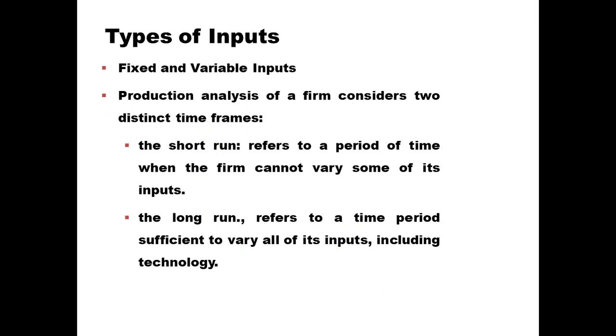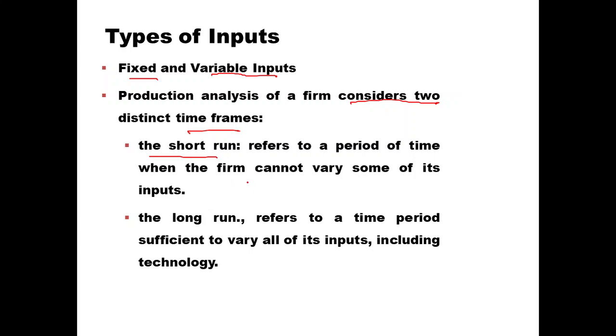Now, moving on to the next, that is types of inputs. Usually the inputs can be of 2 types: fixed inputs and variable inputs. The production analysis, in fact, depends on these two considerations only, depending on the time frame. The short period refers to a time period in which you cannot change some of the inputs, which are known as fixed inputs.